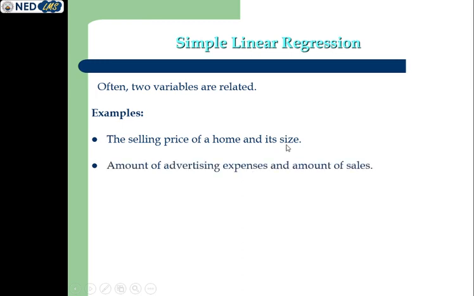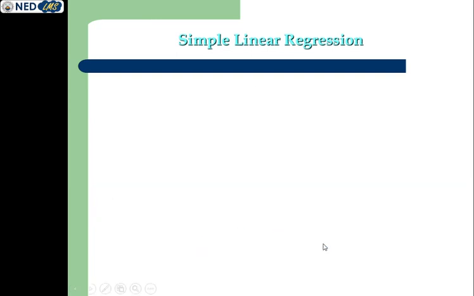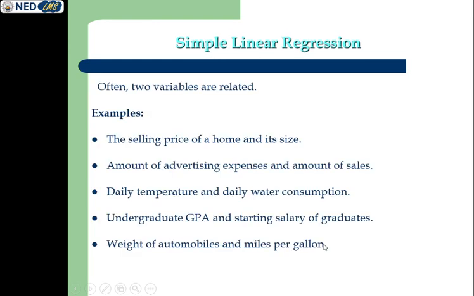For example, amount of advertising expenses and amount of sales, daily temperature and daily water consumption, undergraduate GPA and starting salary of graduates. Is there any dependency between them, or which one is the independent variable and which one is the dependent variable? Weight of an automobile and miles per gallon, for example. So these are all examples of the simple linear regression model.